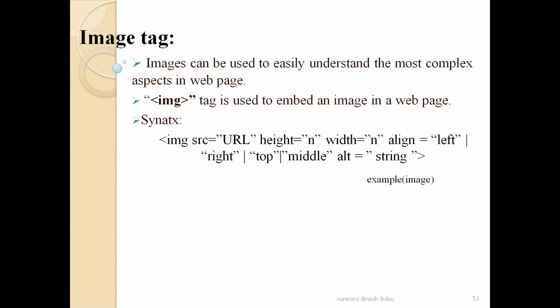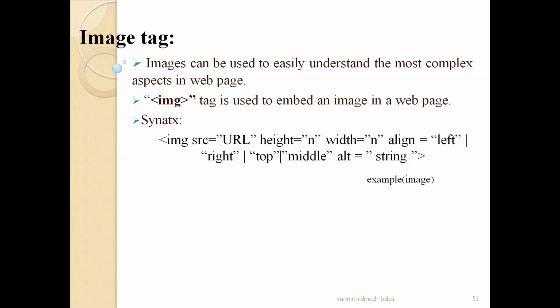I think there will be no problem even if we use HTML elements in the string. So let us look at the use of this particular ALT attribute, for which we will give a certain string.